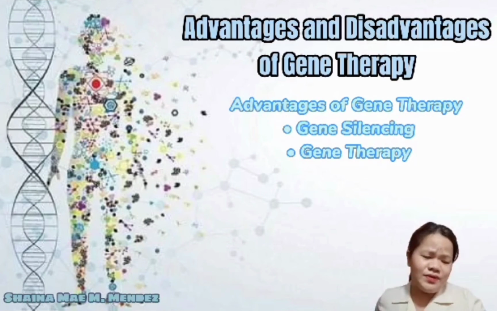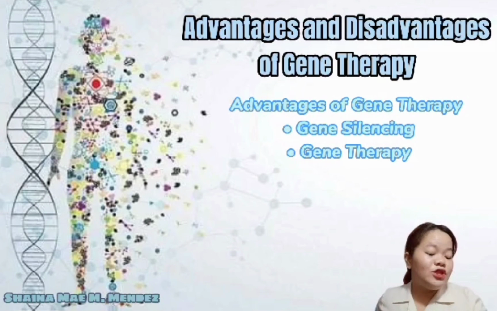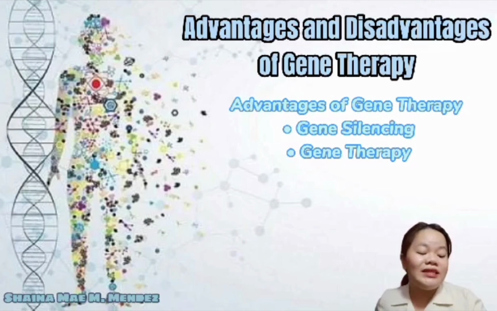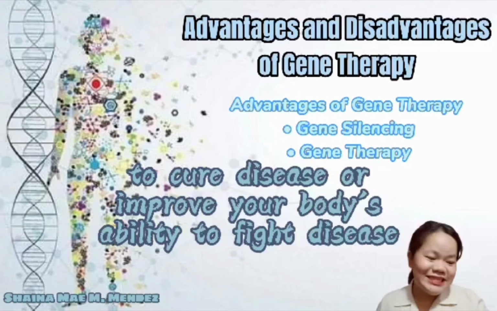There are also risks, however, when using RNAi that need to be considered carefully. Plus, gene therapy replaces a faulty gene or adds a new gene in an attempt to cure diseases or improve your body's ability to fight disease.